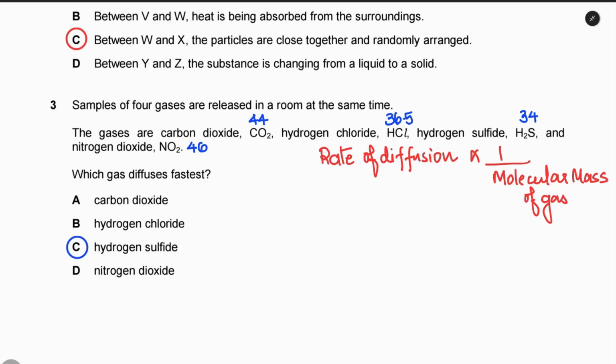If the molecular mass of a gas decreases, our rate of diffusion increases. So over here, rate of diffusion increases means it diffuses fastest. So 34 is the lowest molecular mass. If we have a lower molecular mass, the rate of diffusion will be faster. So the answer is hydrogen sulfide.